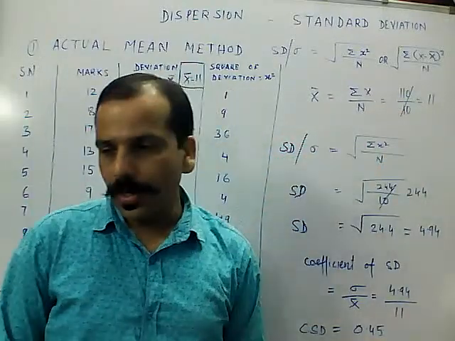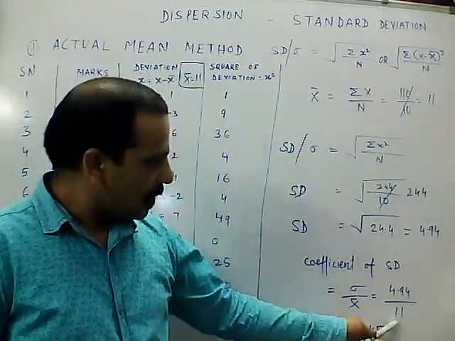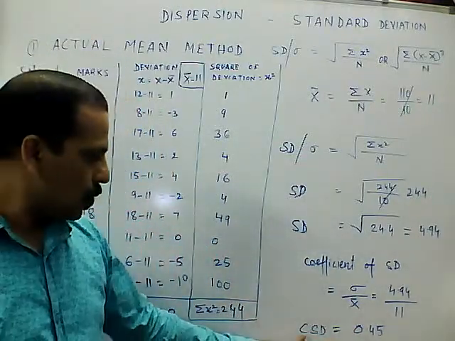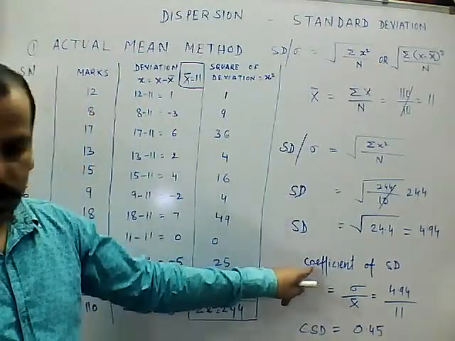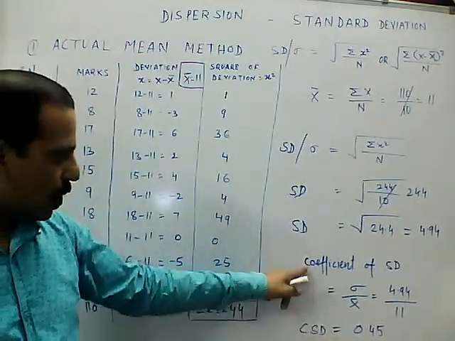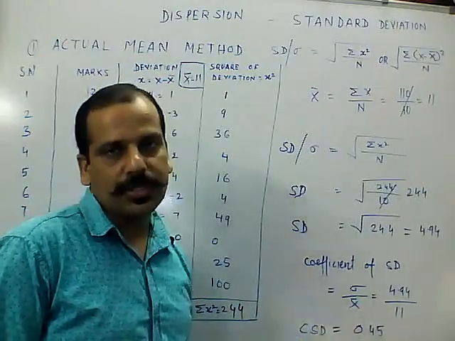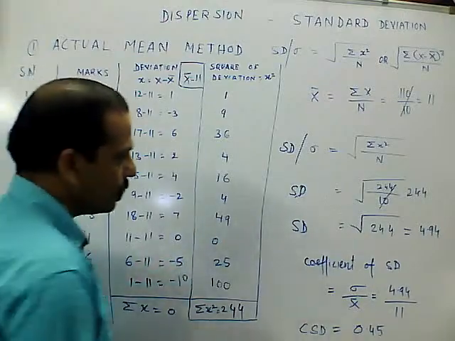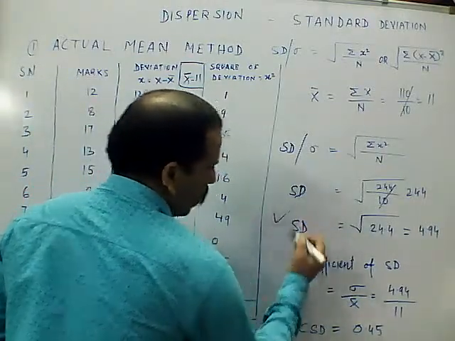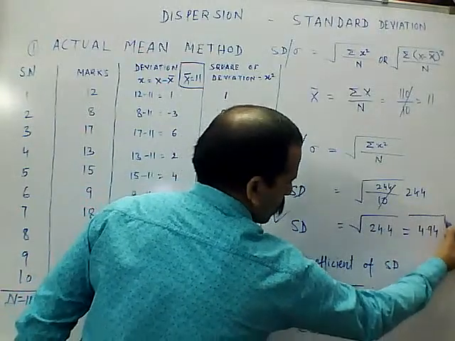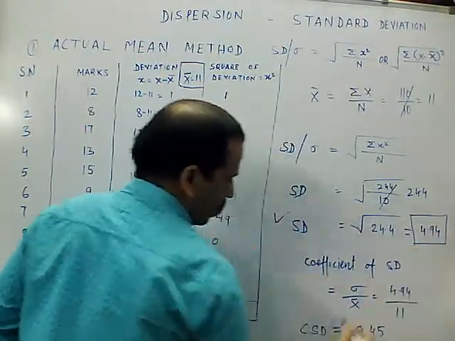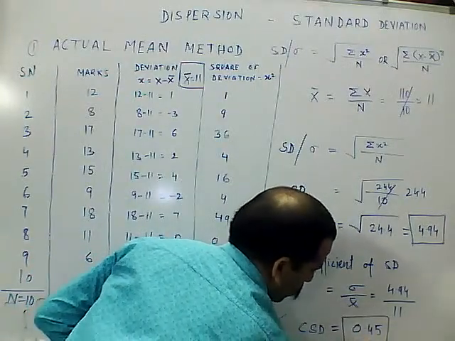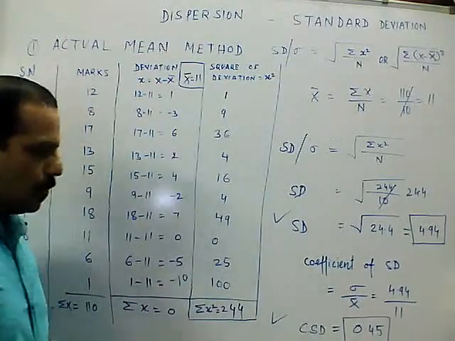When you divide 4.94 by 11, you will get 0.45. Here I wrote CSD, C stands for coefficient. Coefficient of standard deviation, so the answer is 0.45. The value of standard deviation is 4.94 and the coefficient of standard deviation is 0.45.